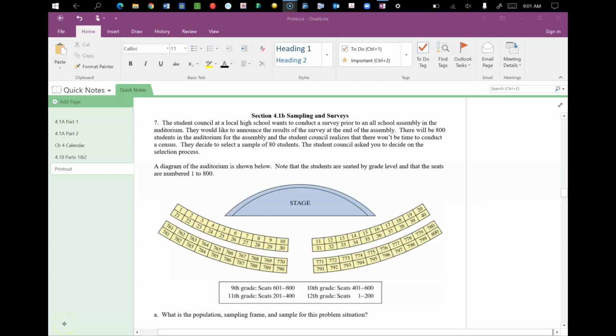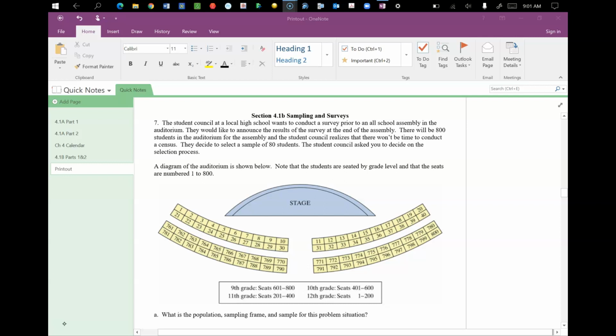All right, what we would like to do now is to finish up this activity by practicing thinking about and describing how we would select various types of random samples. So here's the scenario. The student council at a local high school wants to conduct a survey prior to an all-school assembly in the auditorium. They would like to announce the results of the survey at the end of the assembly.